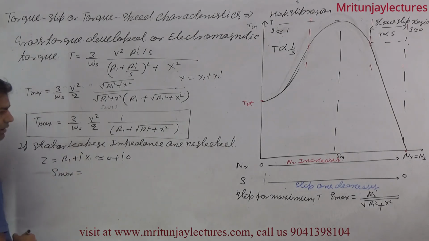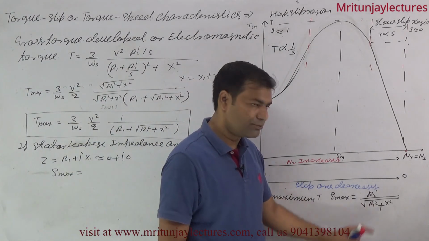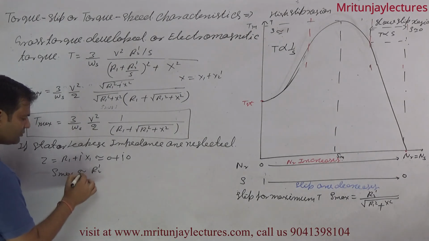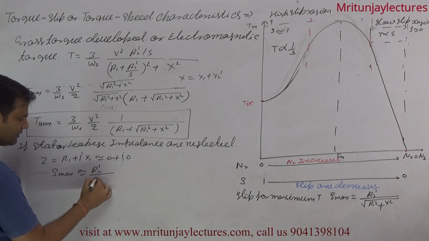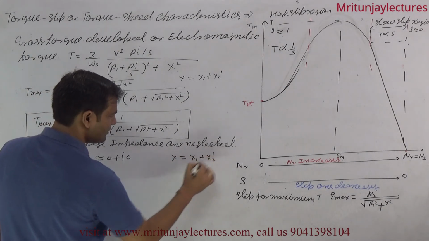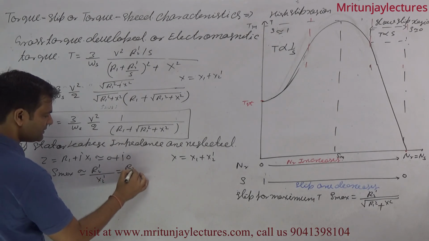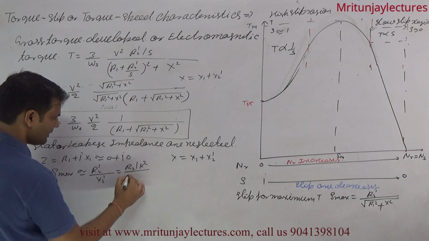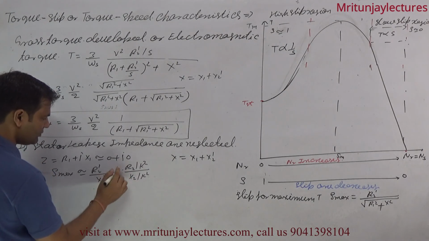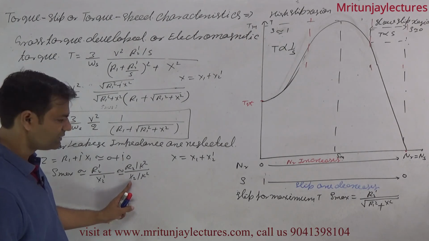If stator leakage impedance are neglected, R2' divided by X, which is also written as X1 plus X2', so that is X2'. I know that R2' is R2 by K² and X2' is X2 by K².